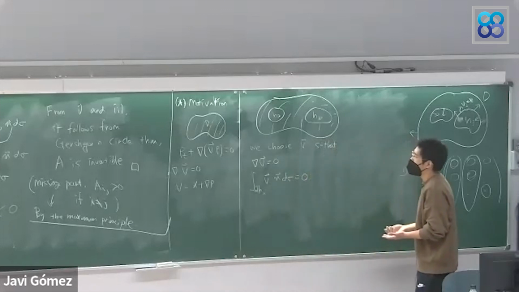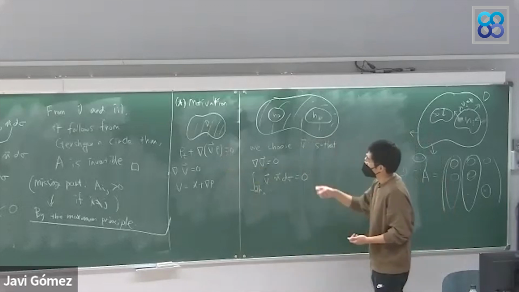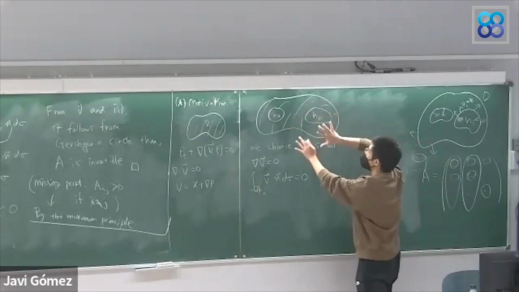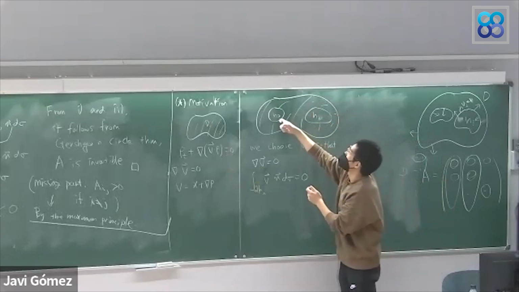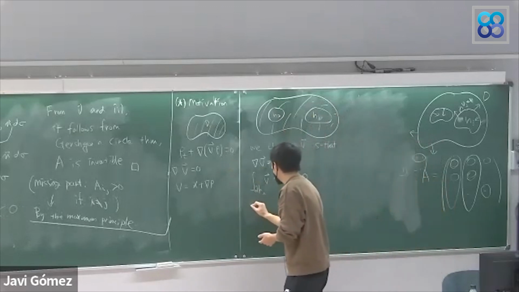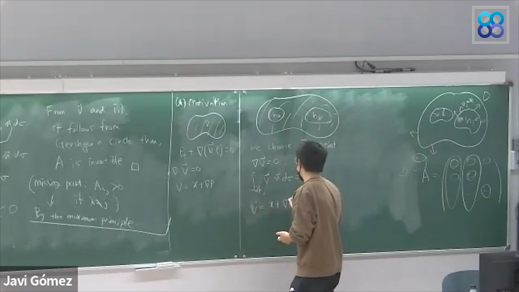So if you run this continuity equation with such vector fields, then of course the shape of the domain changes, but the area of the patch doesn't change, and the area of the hole doesn't change either. Okay? And so as before, we are going to replace this vector field V to be x plus gradient of something.